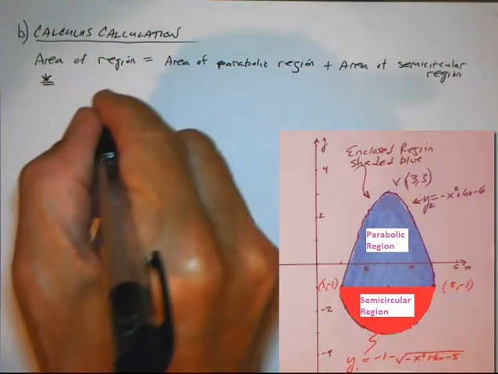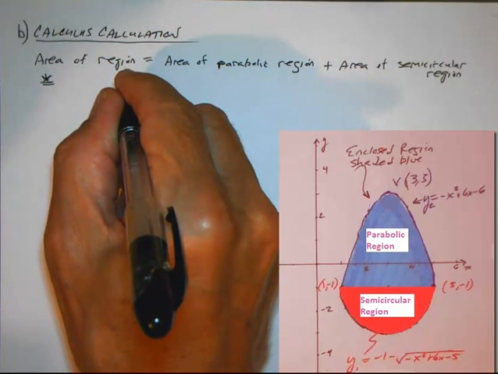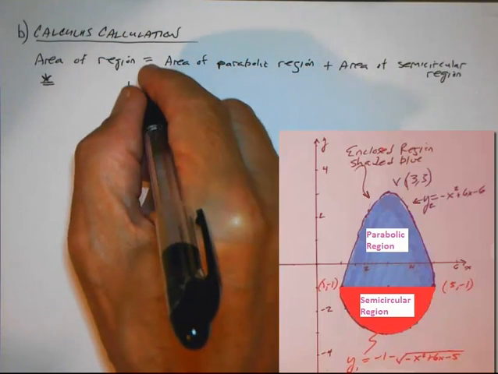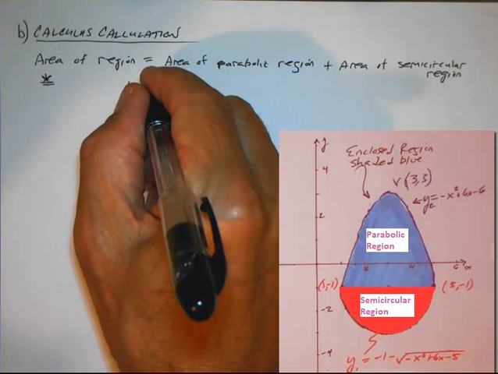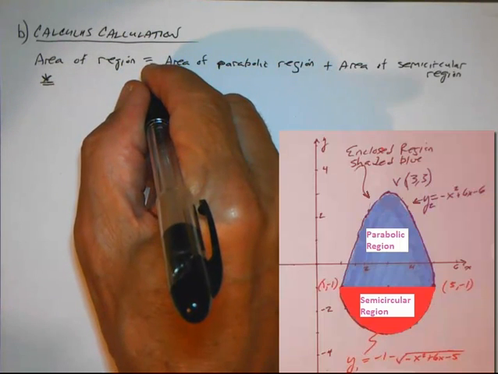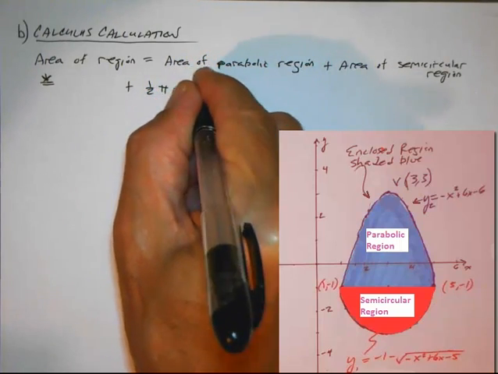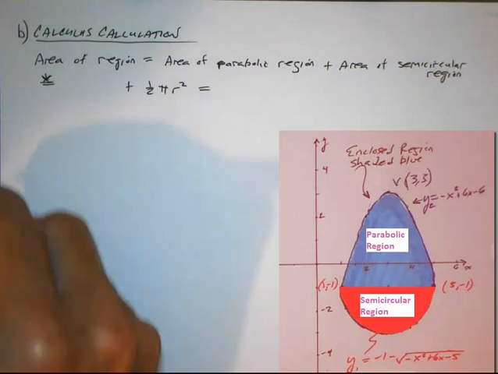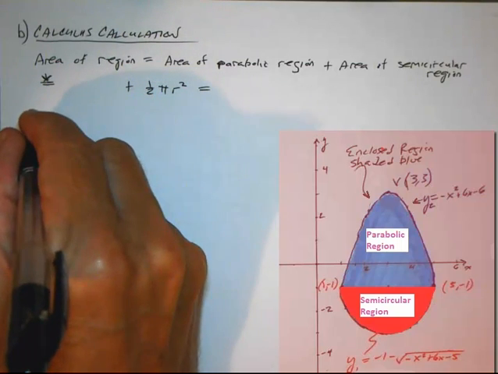Let me put an asterisk there. I'll leave that alone for a moment and take on the semicircular region, which we can obtain using the fact that the area of a circle is pi r squared. So for a semicircular region, we'd have 1/2 pi r squared. But let's go ahead and work on this parabolic region in a subcalculation, say right here.